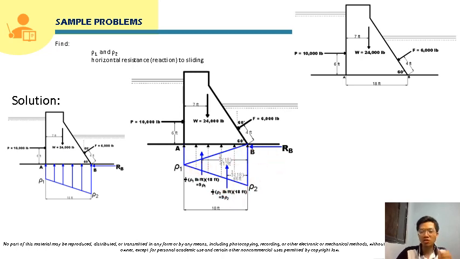From here, we can now start solving. We sum up forces horizontal and equate that to 0 since this is equilibrium, with all forces directed to the right positive. The first force is 10,000 pound, directed to the right, so it is positive. The 6,000 pound force F is applied perpendicular to this incline.